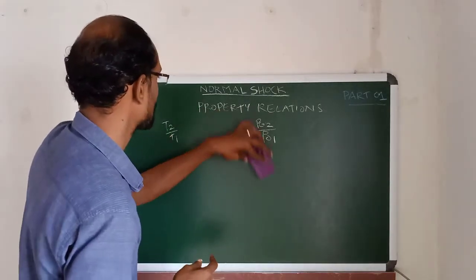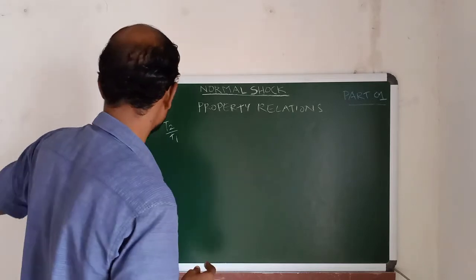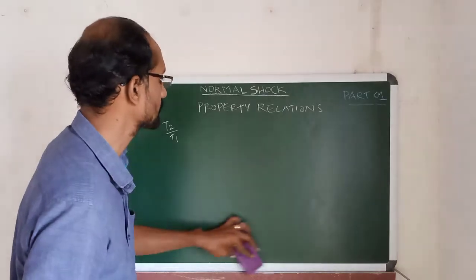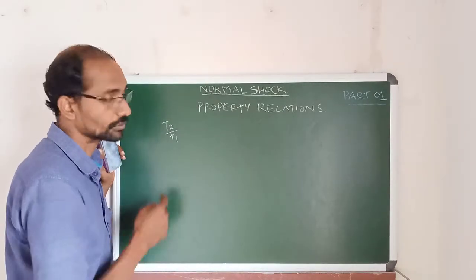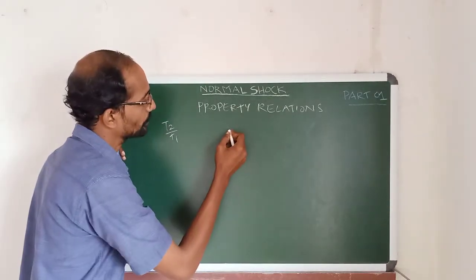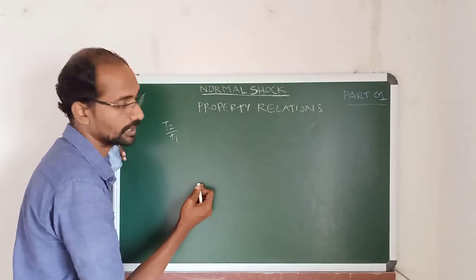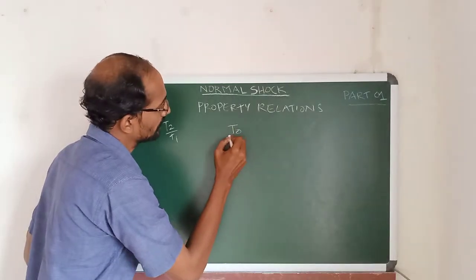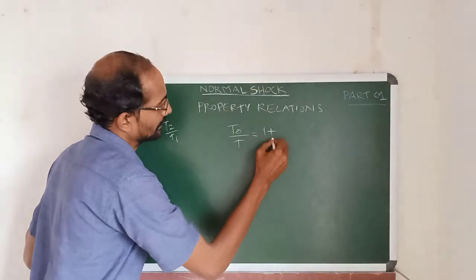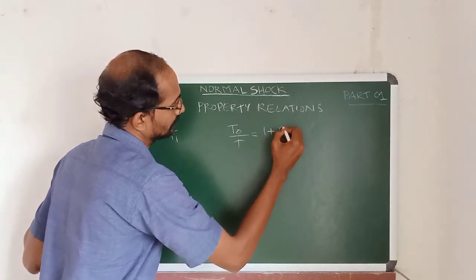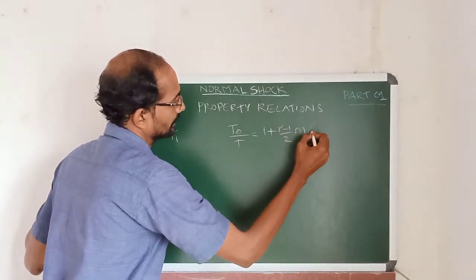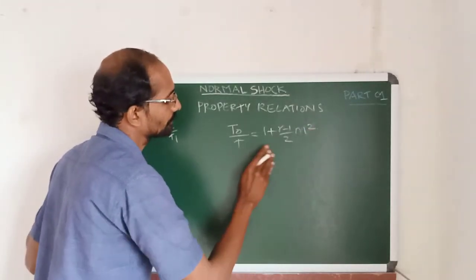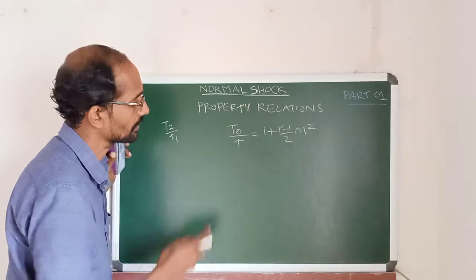First we will have an expression for T2 by T1, that is the ratio between the static temperature across the shock. For that I am going to rely on the adiabatic energy equation. I hope that you are familiar with this equation. This is nothing but a manipulated version of the adiabatic energy equation.